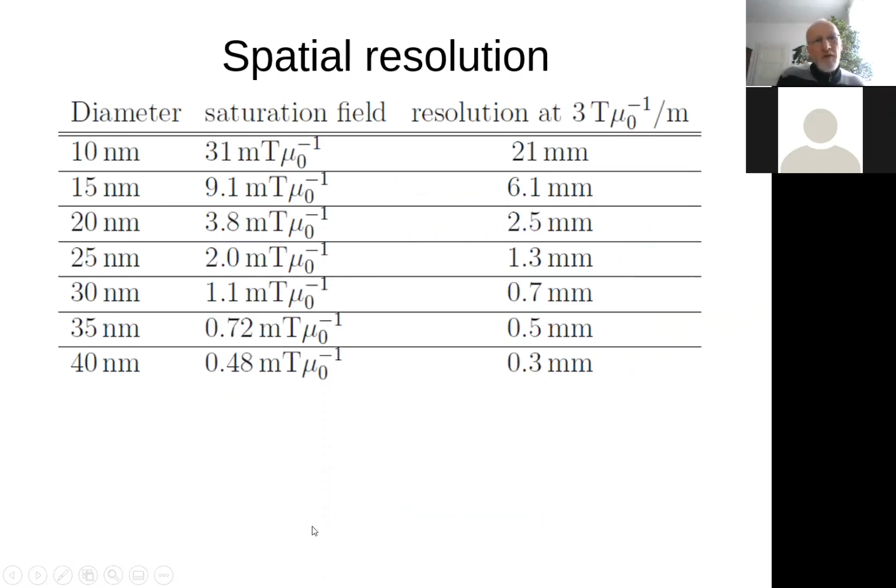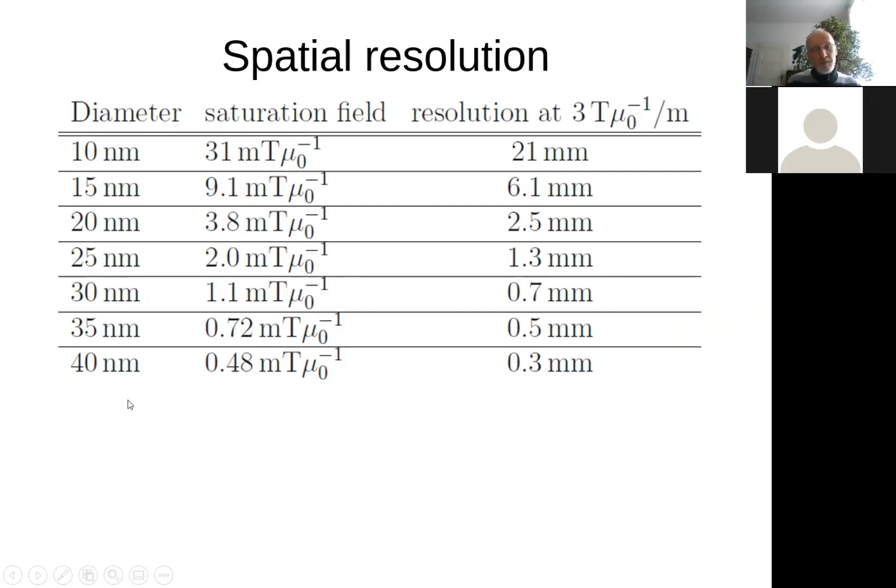Here is a table of theoretical resolution which we can reach with different diameters of the nanoparticles, and you can see that for 10 nanometers, a resolution of 21 millimeters is really very bad, so we should go down here.